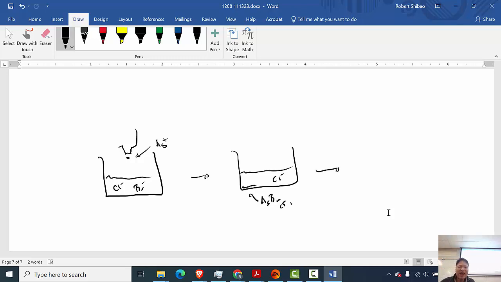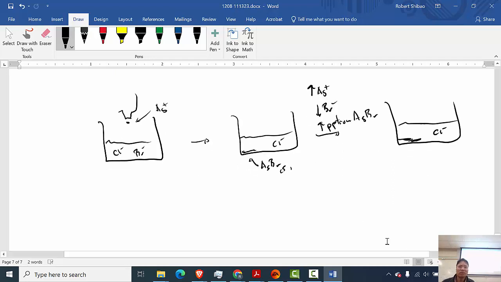And so we're just going to keep adding, because the more silver I add, the less bromide I have remaining, and the more precipitation I'm going to get of silver bromide. But I don't want to go too far.